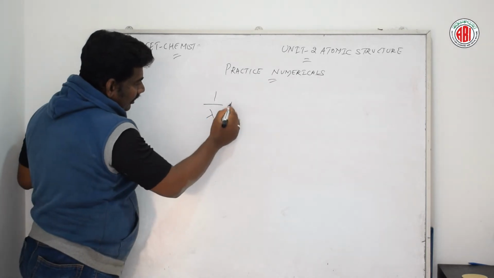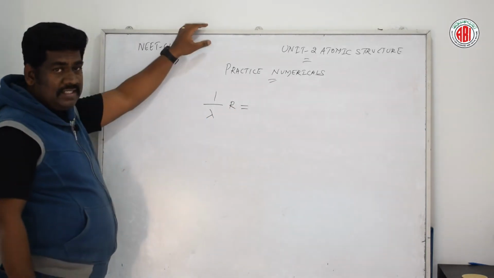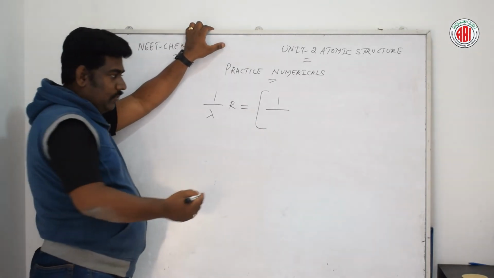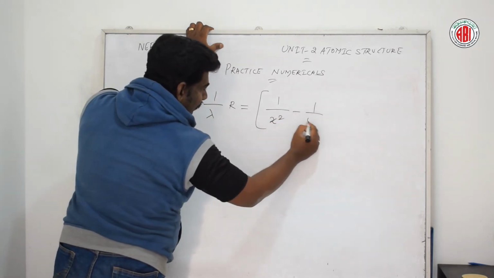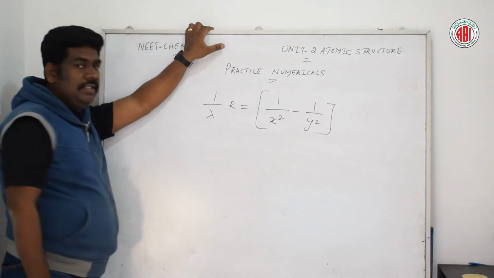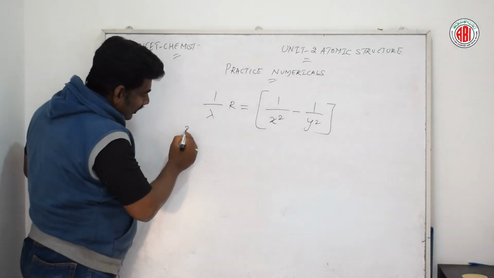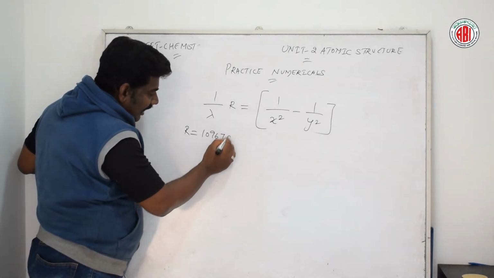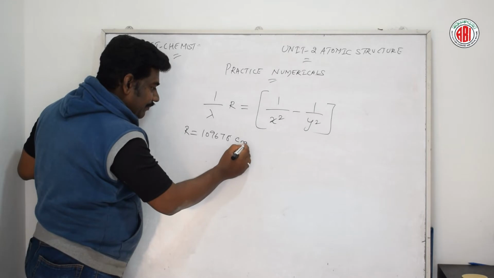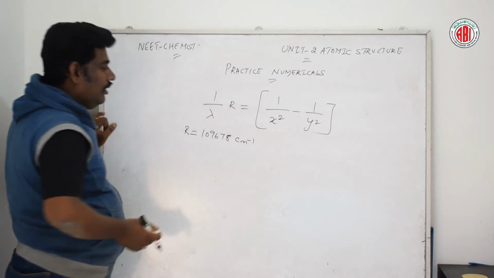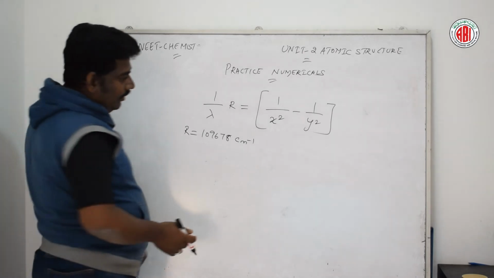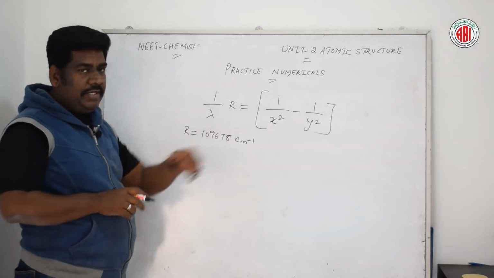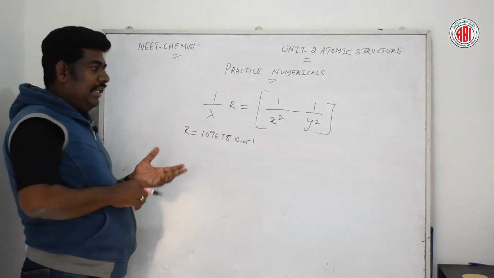1 by lambda is equal to R into 1 by x square minus 1 by y square. R stands for Rydberg constant. Here the value for the Rydberg constant is 109678 per centimeter, and the x value and y value both stand for the energy levels.